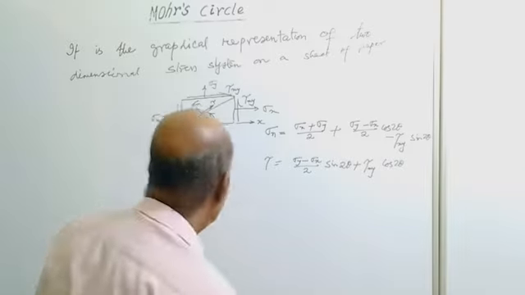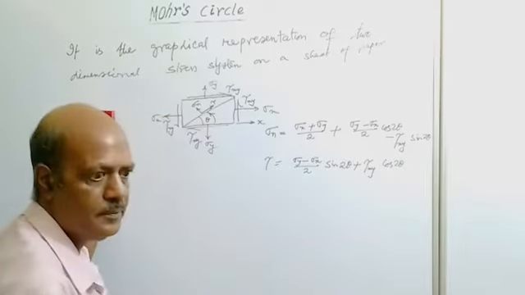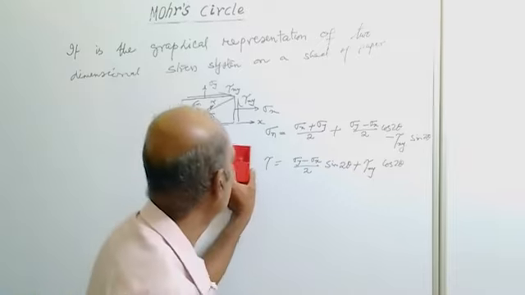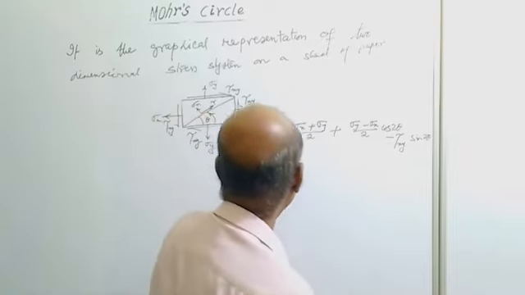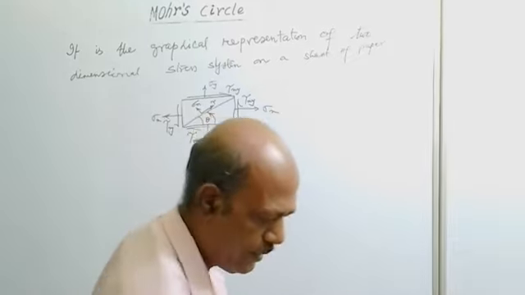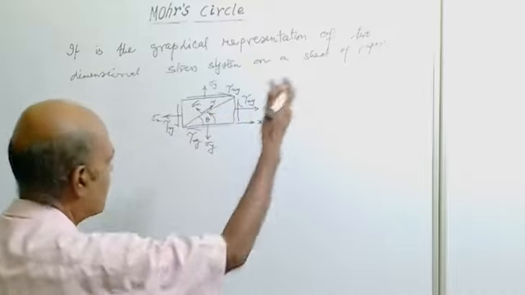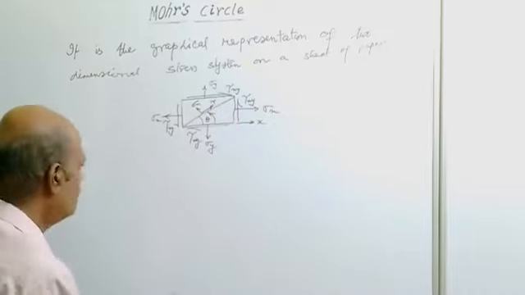It is given by Mohr, so that's why it is called Mohr circle, and we are going to see the basics of Mohr circle, how it is given by Mohr. So we have got the sigma n and tau value.